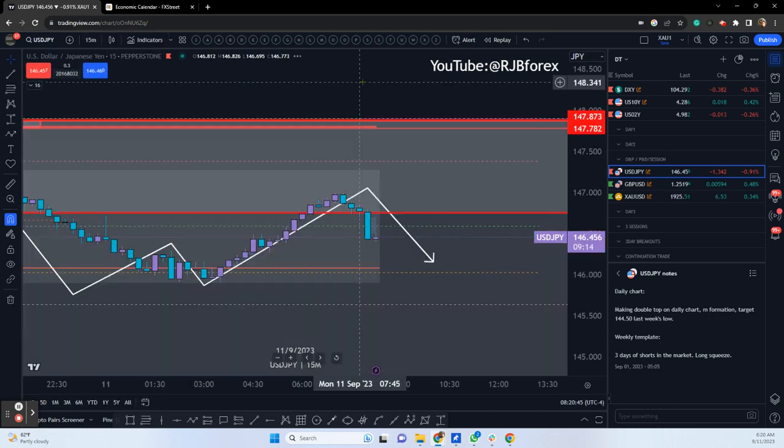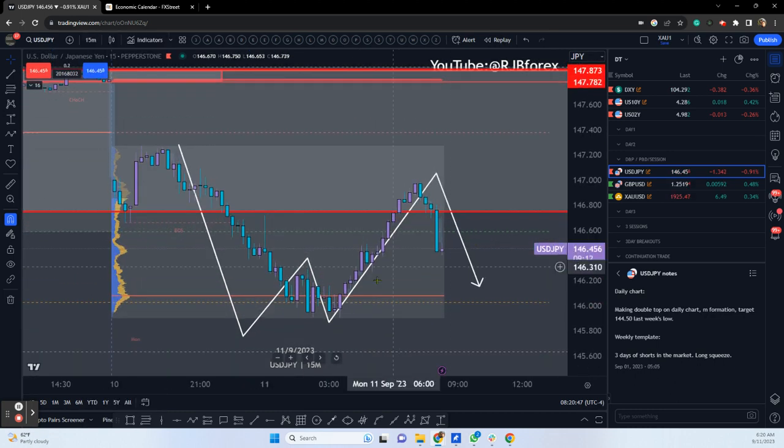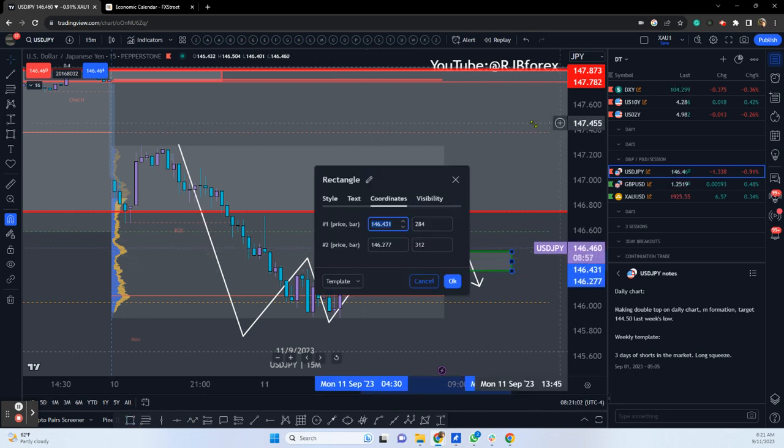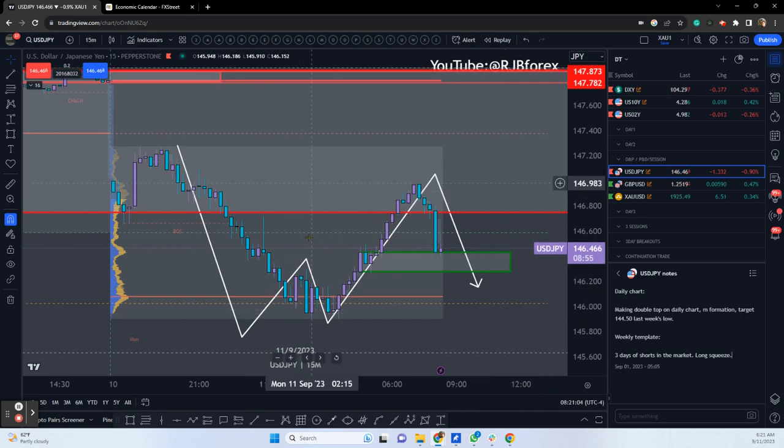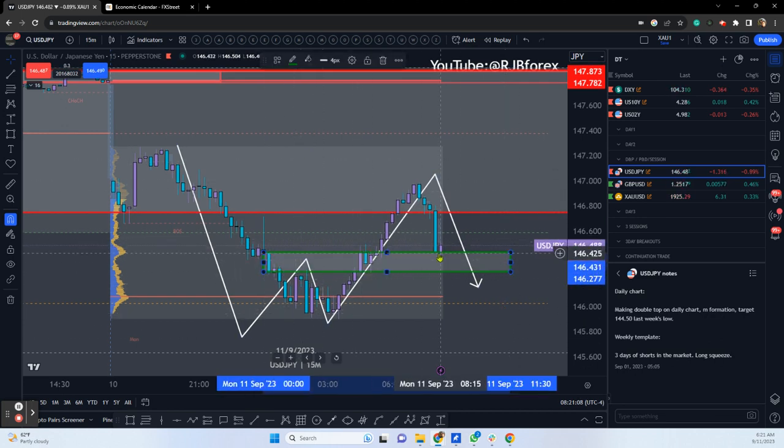Never mind. So we're coming into a support area. This could well return to the upside and give us an opportunity later in the day. We've come in pretty much to the neckline, almost.